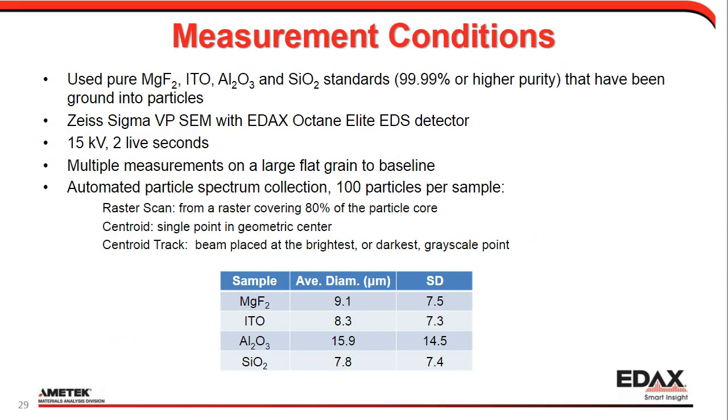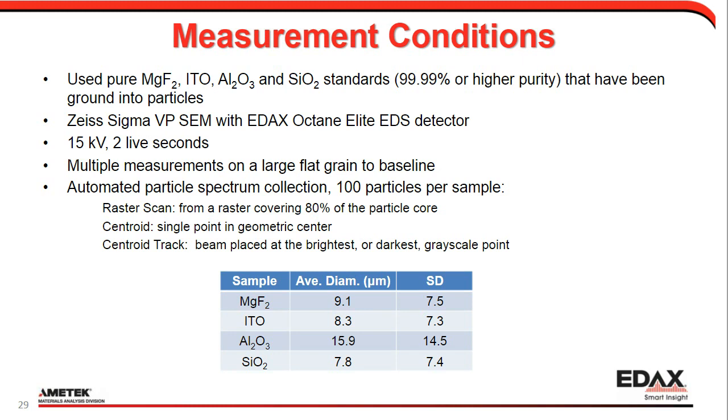In the experiment, we used pure standards that have been ground into particles. We used a Zeiss SEM with an EDAX Octane Elite EDS detector for spectrum collection. Acceleration voltage was 15 keV and 2 live seconds collection time.